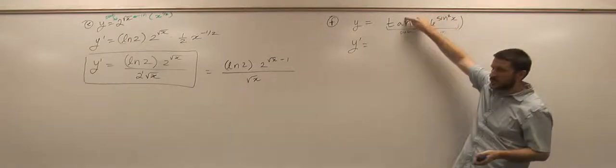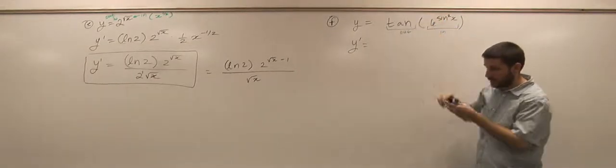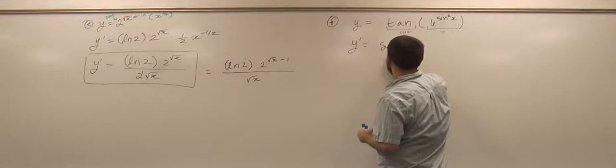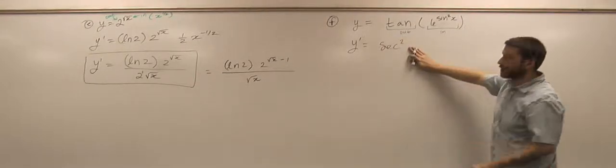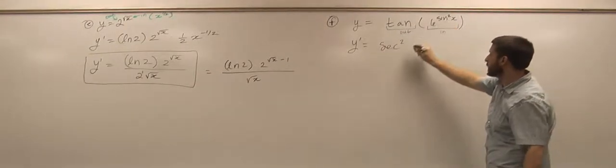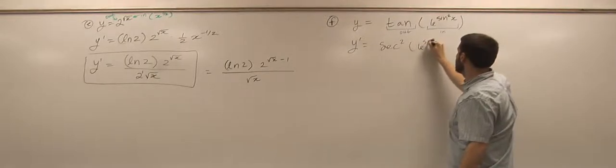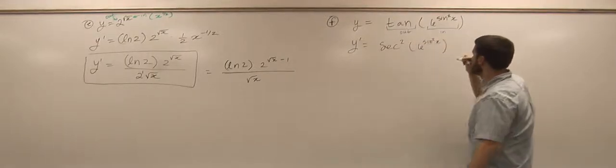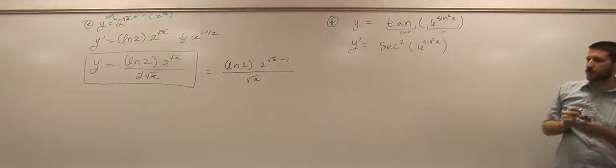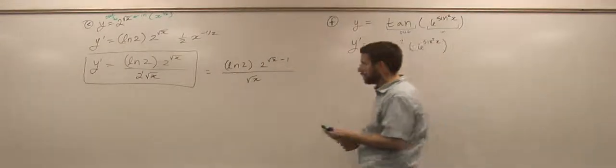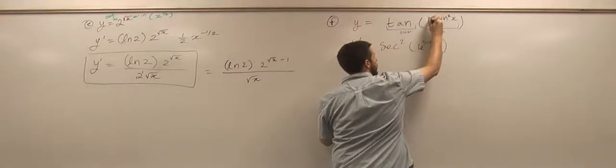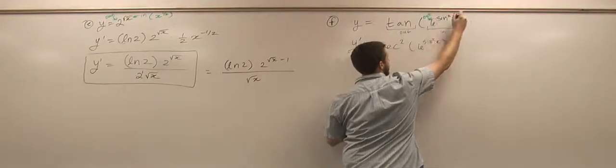So you do the derivative of tangent, which is secant squared. And then what do you put inside the secant squared? 6 to the sine squared x, same thing, right? Times, now you move on to the derivative of the inside, which itself has an out and an in.